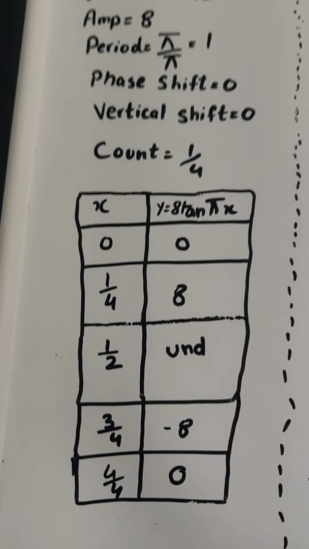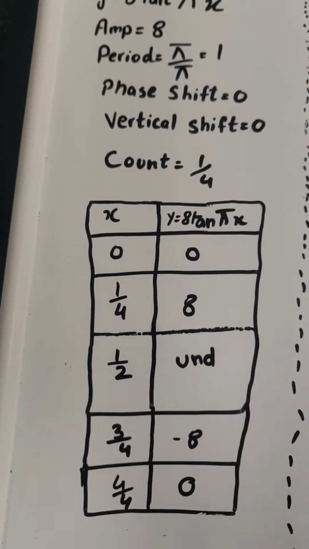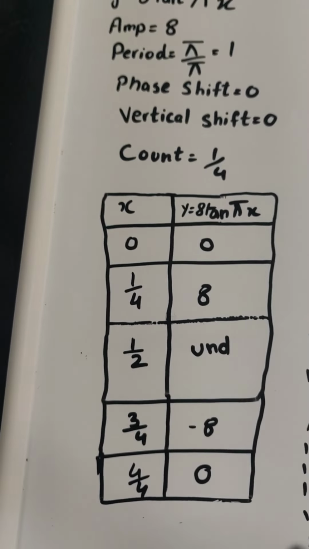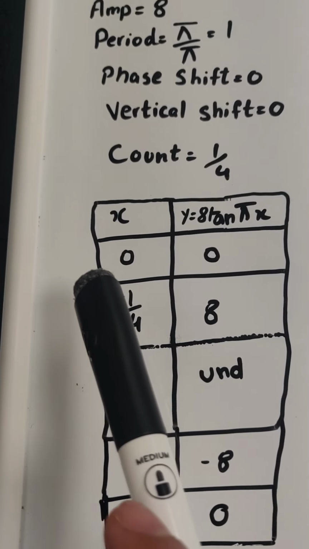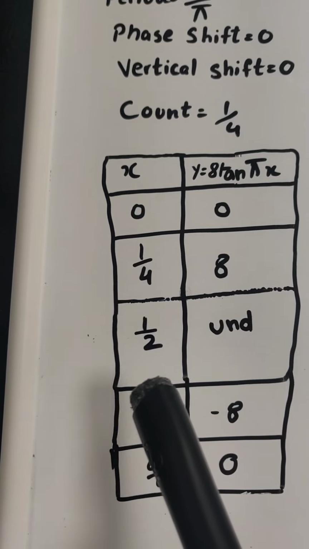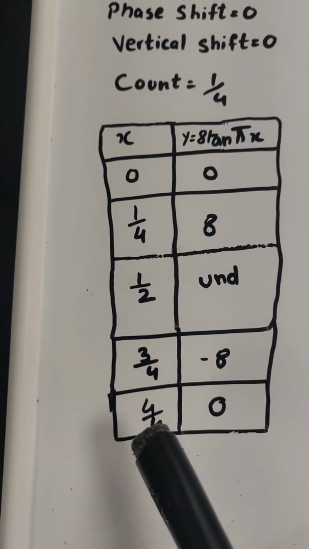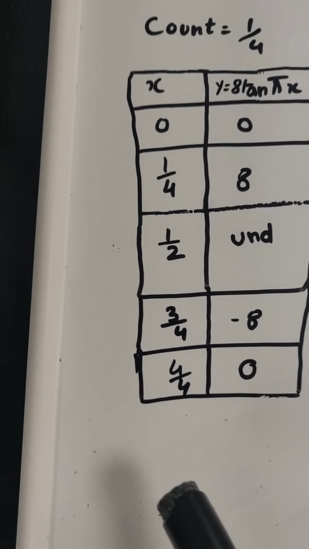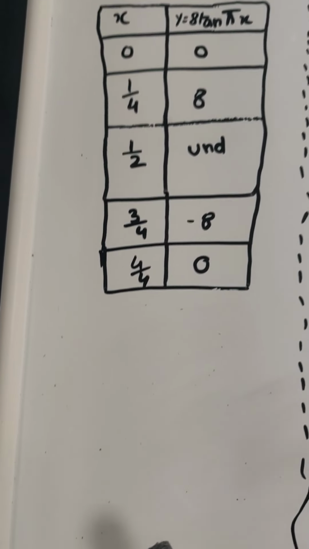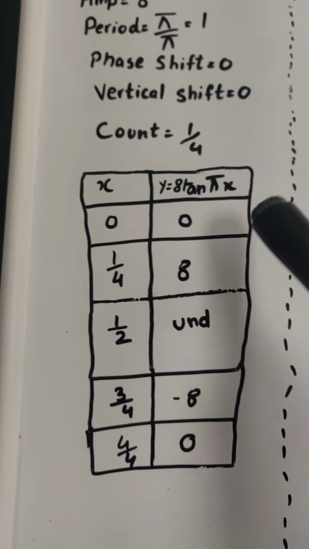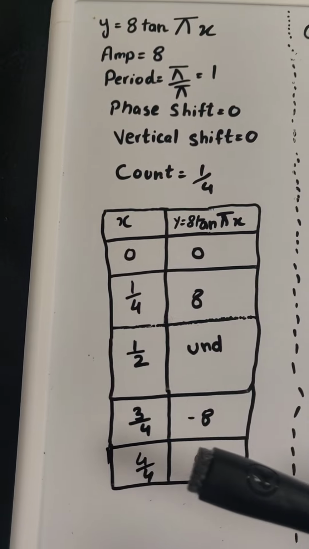Now the most important step is making the graph using these points. We use the first points 0, 1 by 4, 1 by 2, 3 by 4, 4 by 4. We can go on to 5 by 4, 6 by 4, 7 by 4, 8 by 4, 9 by 4, and 10 by 4. But the cycle repeats after a π period.